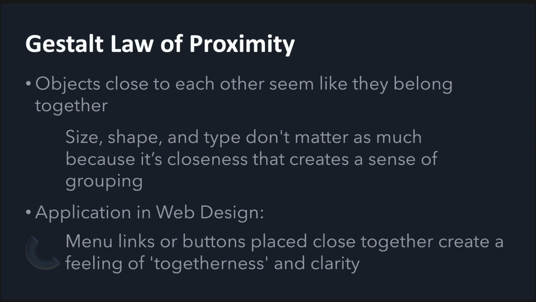First of all, the Gestalt law of proximity. Essentially, objects that are close together seem like they belong together. So size, shape, and the type of object doesn't matter as much as the proximity. It's those things being close together that helps us feel like this is a group as opposed to disparate parts. When it comes to web design, we want to put items together closely that we want to go together.